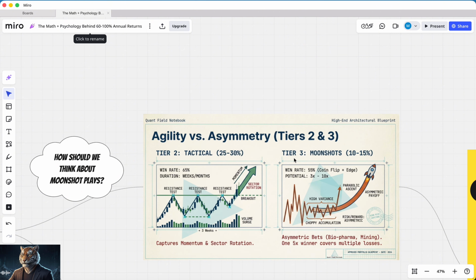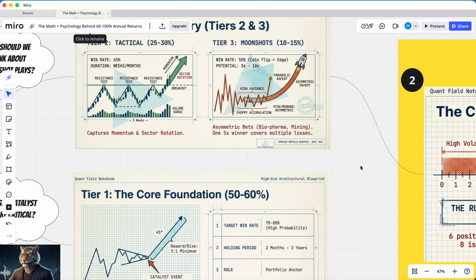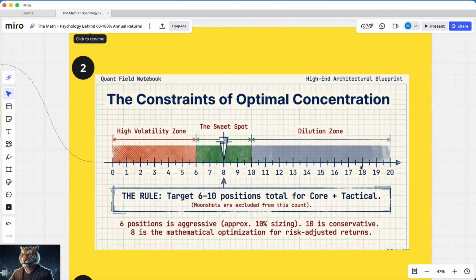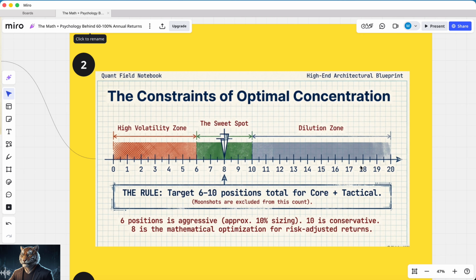Okay, moving along, let's talk about the focus and the concentration. We talked about the optimal number of positions. How do we know that? Well, over the many years, we run the analysis, we run back testing, we run forward testing, we analyzed investing in small caps, mid caps, large caps, a mixed portfolio.